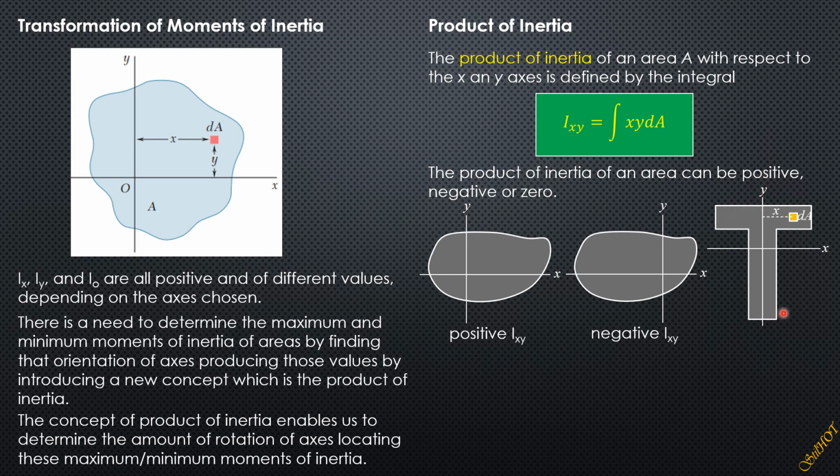If there is an element in the first quadrant where x is positive and y is positive, there corresponds a differential area in the second quadrant where x is negative and y is positive.